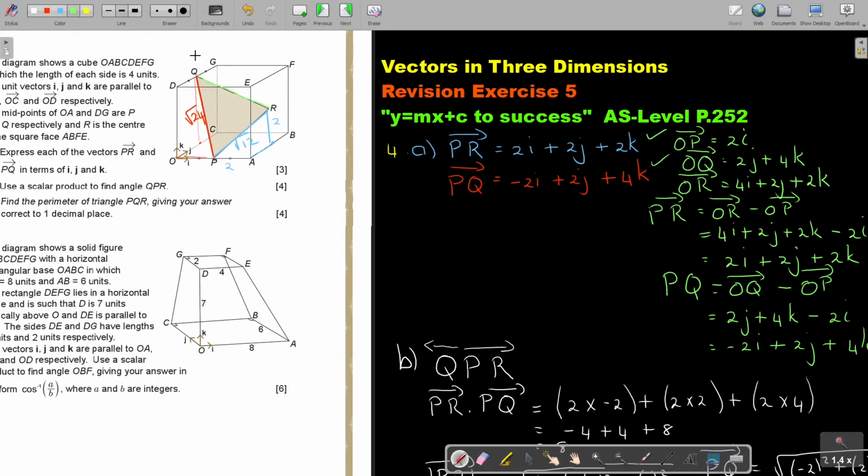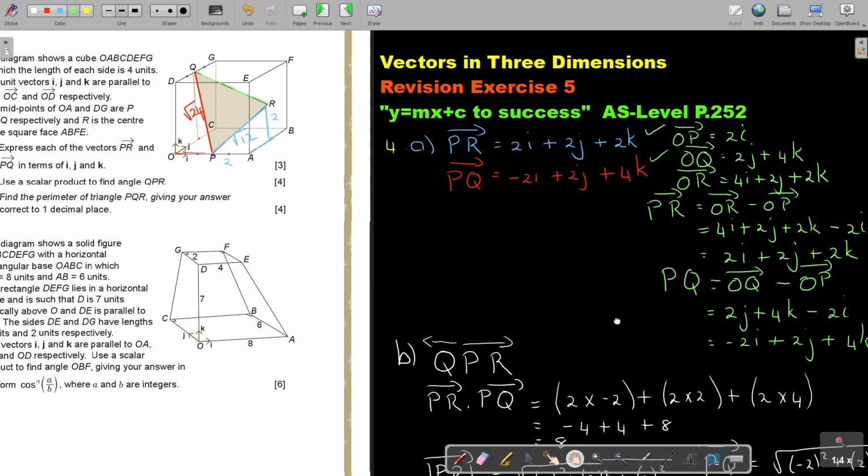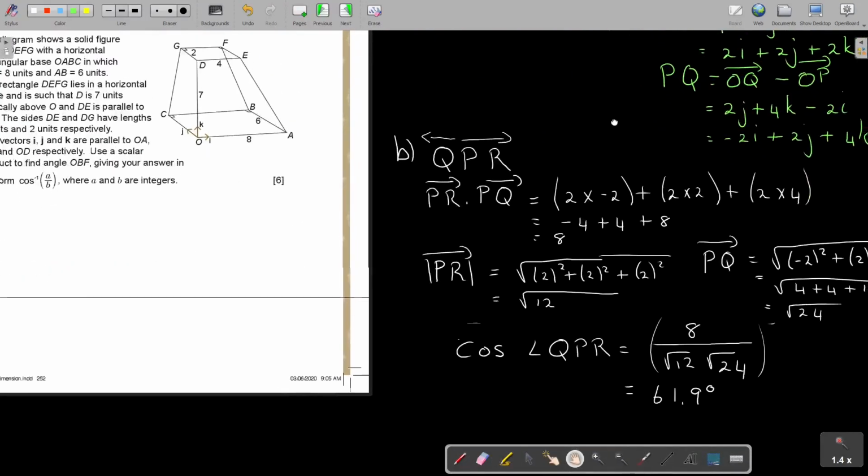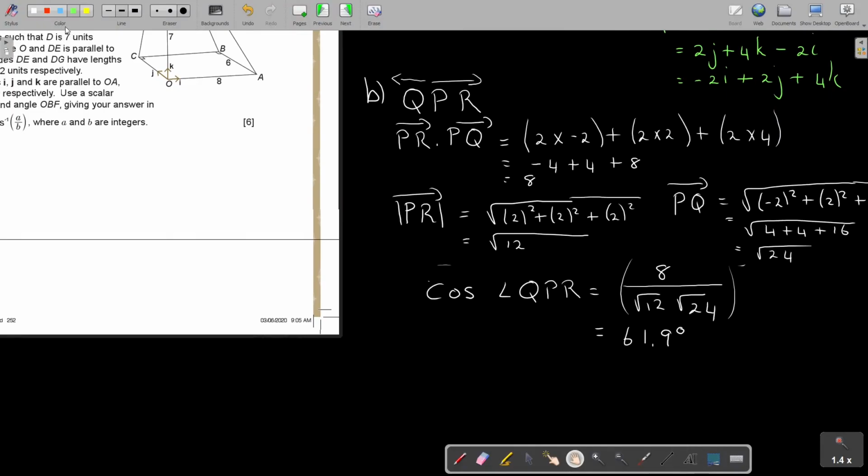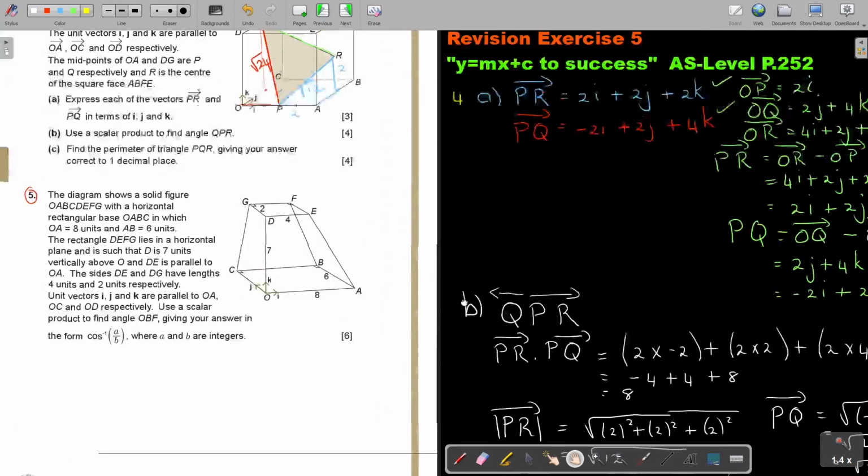Now I must first find QR. So this is number C, so first find QR. And how do I find QR? I can basically just use the other ones that I have.